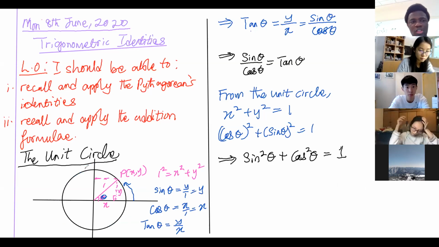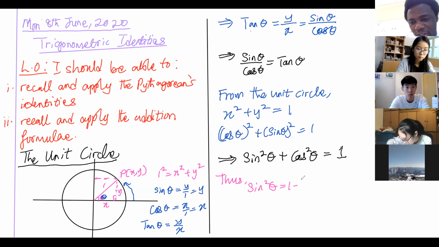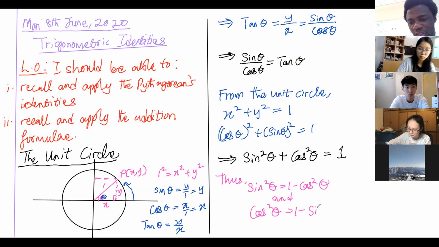Okay. Now, the consequences of these are written below because sometimes you don't need the identity directly. You need the consequences. As a result of this, you agree that sine squared theta is 1 minus cos squared theta. Do you agree? And similarly, cos squared theta is 1 minus sine squared theta. Brandy, do you understand what I'm doing here?